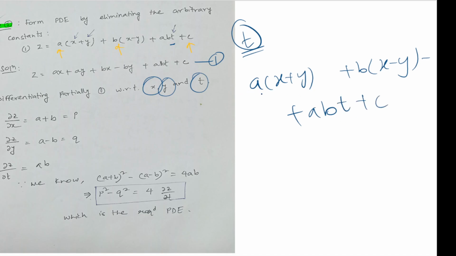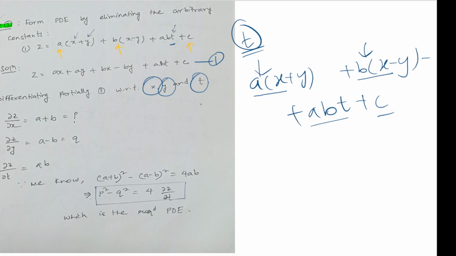I need to differentiate this equation with respect to x. For that, you can see that here it will be ax, here it will be bx, here it will be abt plus c. So here I will only get a, here I will only get b, right? And all the other terms are going to be zero because they are constants.